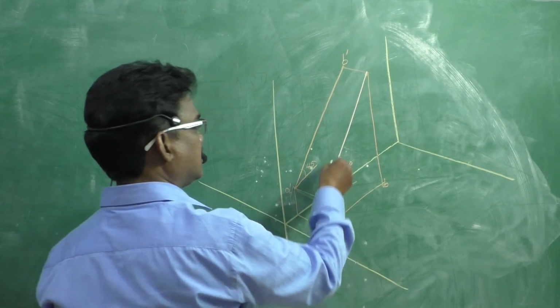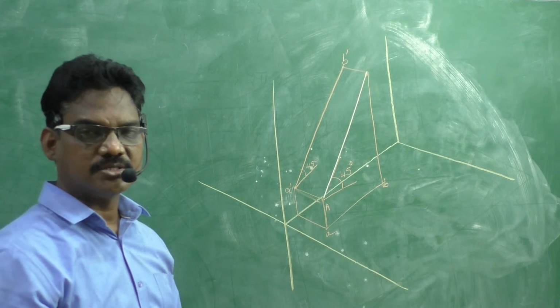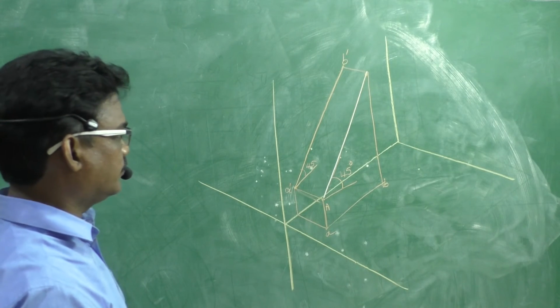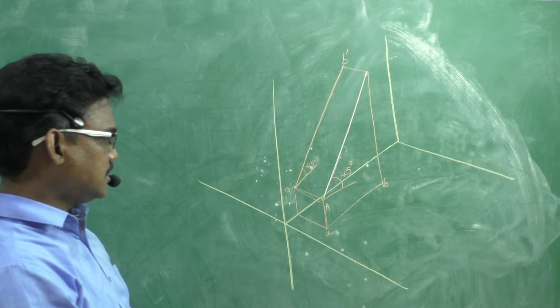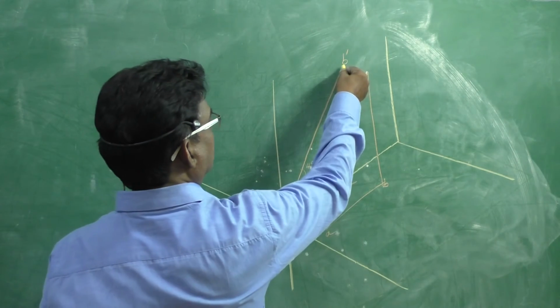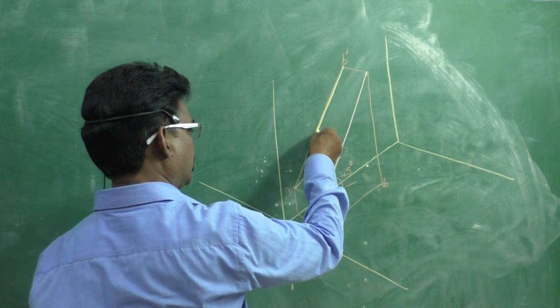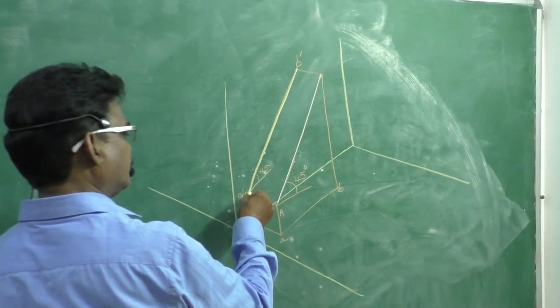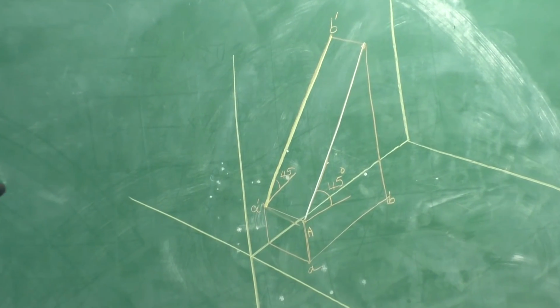This line is 50 mm in length and makes an angle of 45 degrees with the horizontal plane. Okay, and it is parallel to VP. That is the reason the true length and true inclination are visible in the front view. Therefore, in this case, we need to draw the front view first.